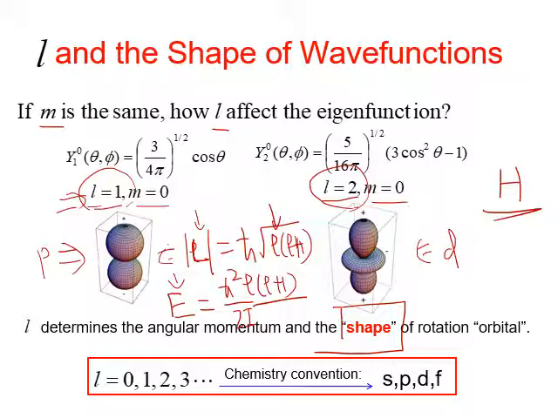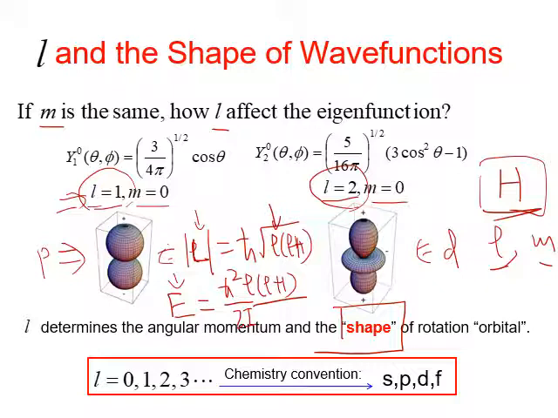We have 3 quantum numbers when we solve the hydrogen atom, but 2 of them are the same as here, quantum number L and quantum number M. They have the same significance: the quantum number L determines the angular momentum of the hydrogen atom, and the quantum number M, as we will see in the next few slides, determines the orientation, or the z component, of the angular momentum.